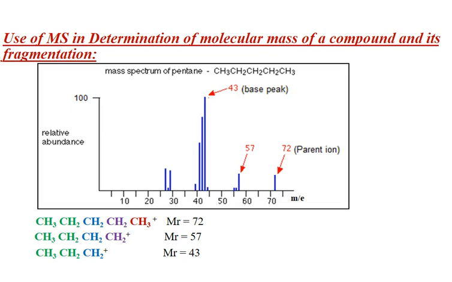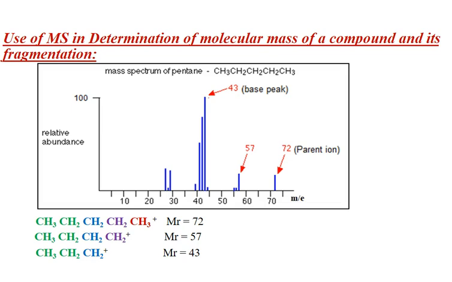Now, the peak at 43 is 100% abundance. The peak with the highest abundance is called the base peak. This just says that most of the fragments have a molecular mass of 43. So it doesn't really mean anything if this is the base peak, but it just means that many of the fragments have a mass of 43.